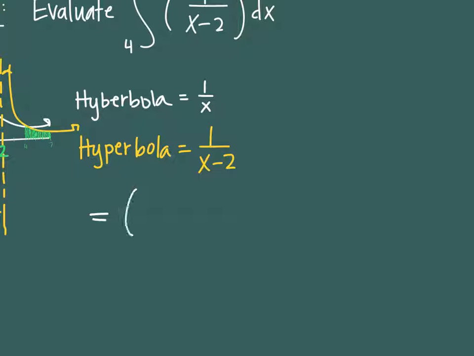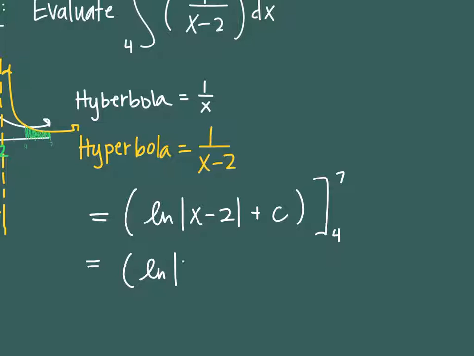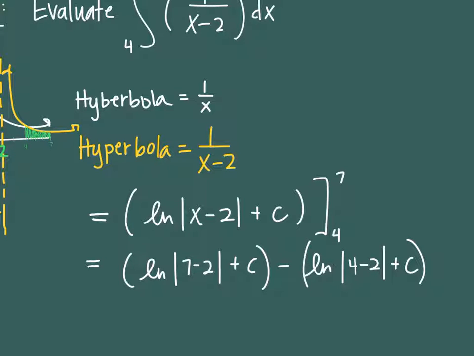All right, so we're going to have parentheses, ln, absolute value. It's going to be important that you remember those. x minus 2 plus the constant c evaluated from 4 to 7. So when we substitute, we'll have the natural log of the absolute value of 7 minus 2 plus c minus the natural log of the absolute value of 4 minus 2 plus c with parentheses.